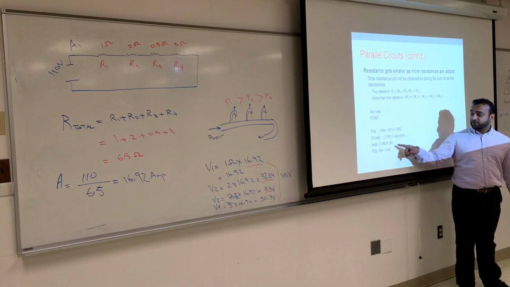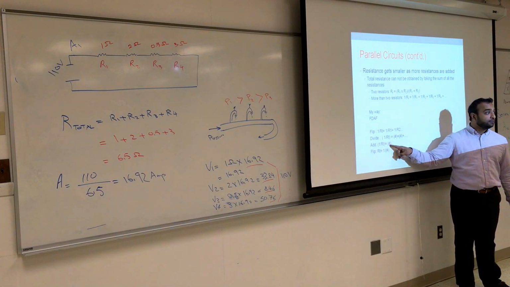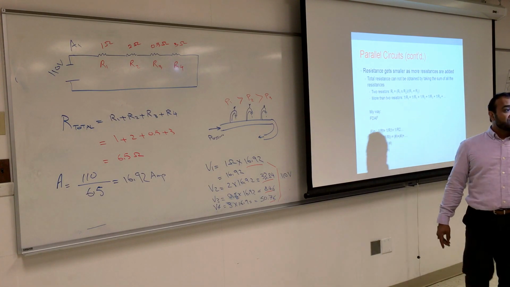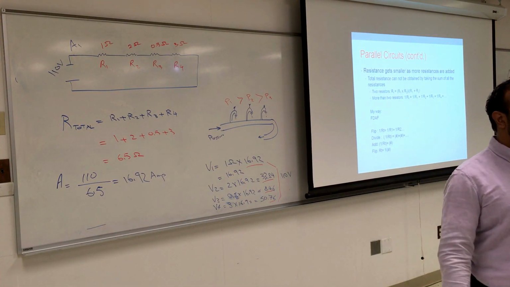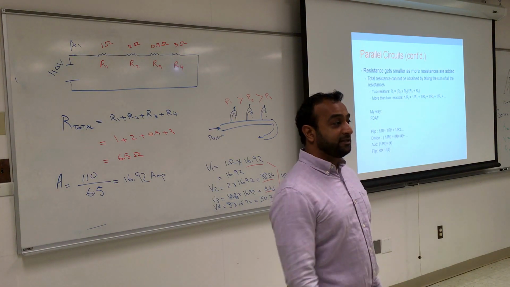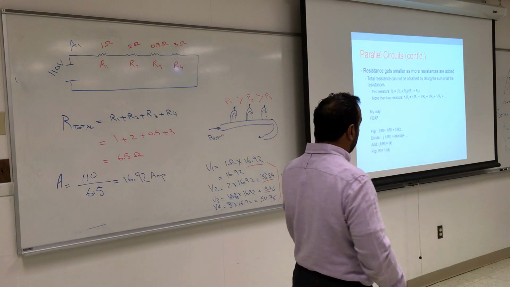You add those numbers together, so that you get 1 over RT, a number, then you flip that number. You can put that on a card and bring it with you to the exam. It's confusing, so you don't have to memorize that. But after a couple of practices, it will be much simpler to follow.